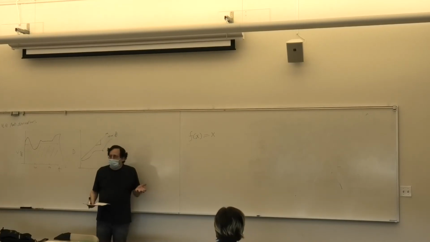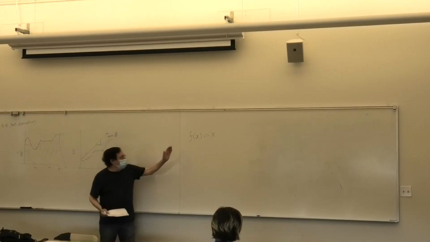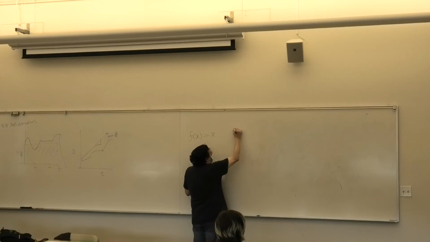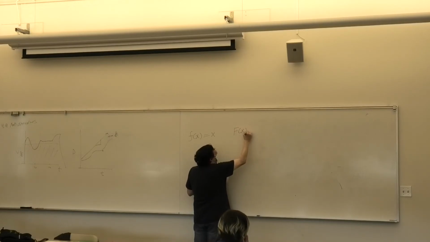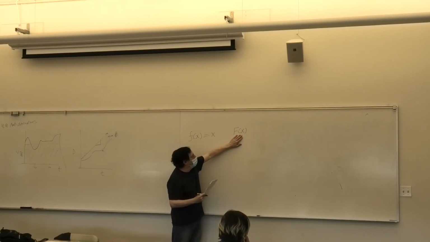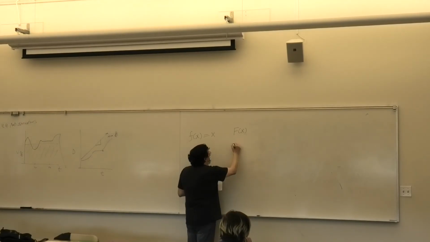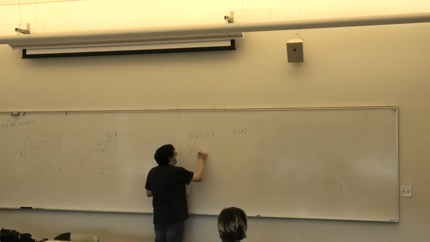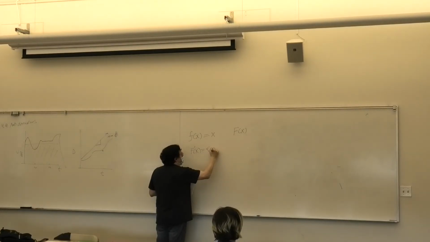And we want to know what function will have this as a derivative. Now, it's very common to refer to that function with a capital F. This is a small f function. This is our function where the derivative of capital F is equal to f of x.